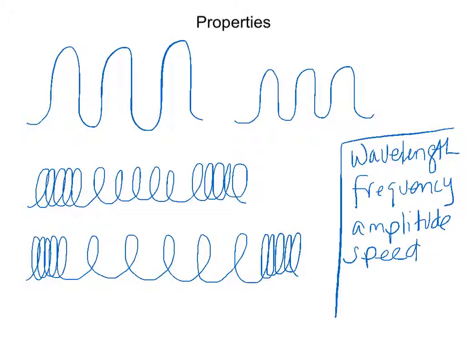So it can be from crest to crest or trough to trough. On a longitudinal wave, the wavelength is again from one corresponding part to the next corresponding part. So we can go from one compression to the next compression and one rarefaction to the next rarefaction.